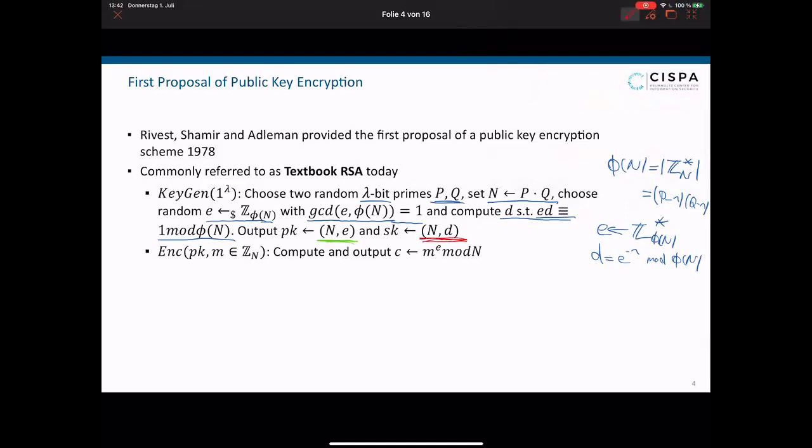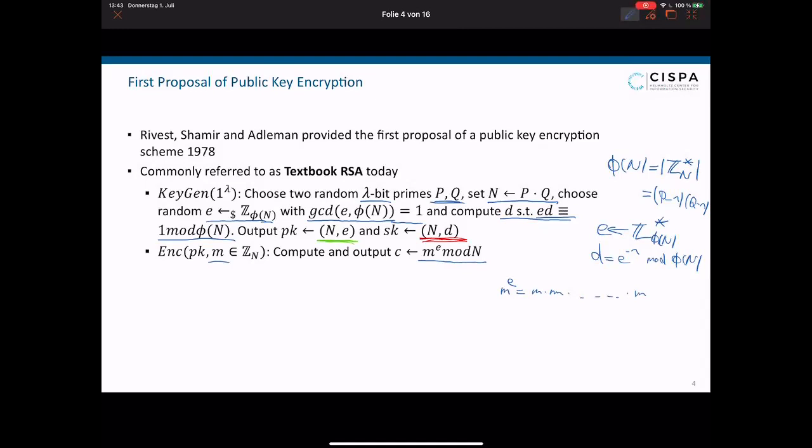So to encrypt a message m in Zn, we just compute m to the e modulo n. How do we compute this? Phi of n is pretty big, so e is also pretty big, right? I can't just say m to the e is m times m and so forth. If I were to do this with repeated multiplication, I would be busy forever.